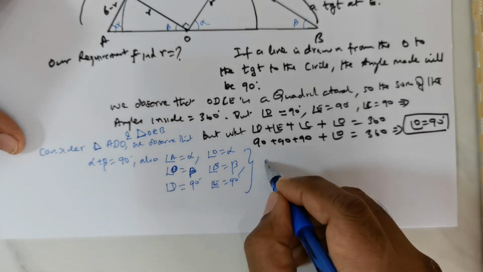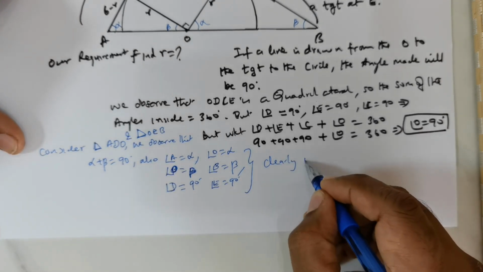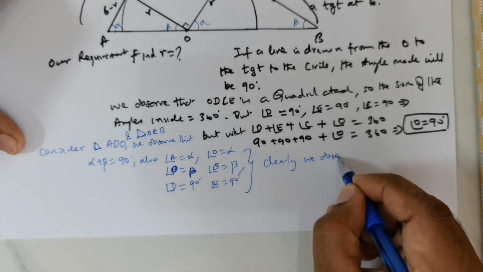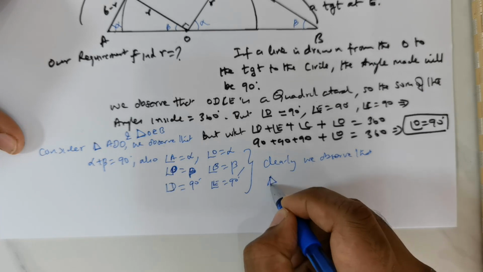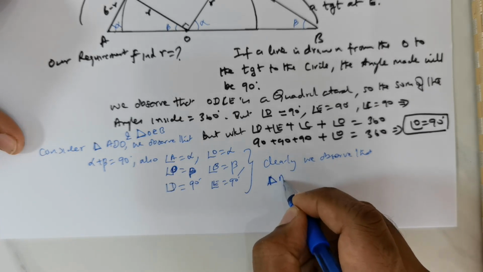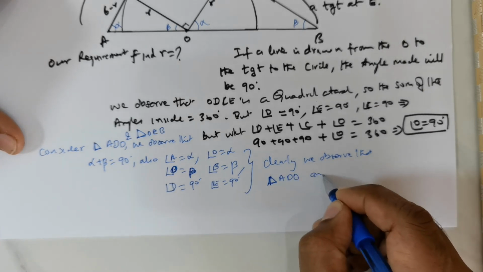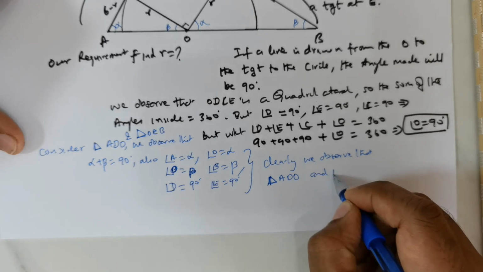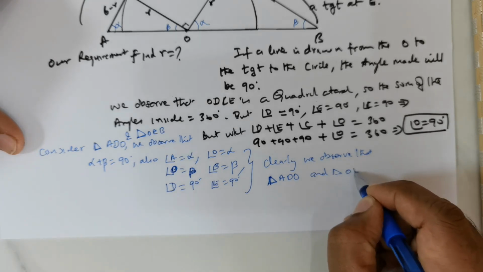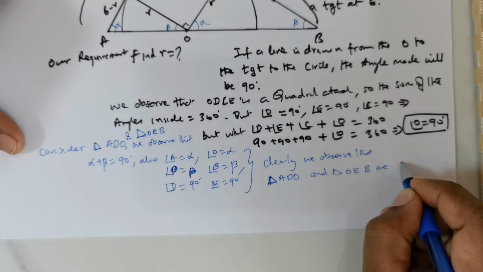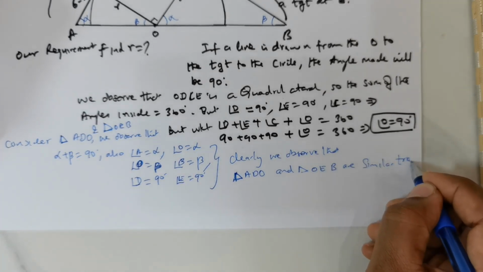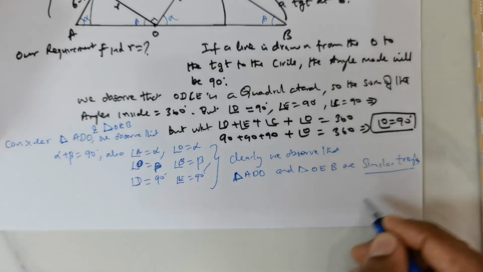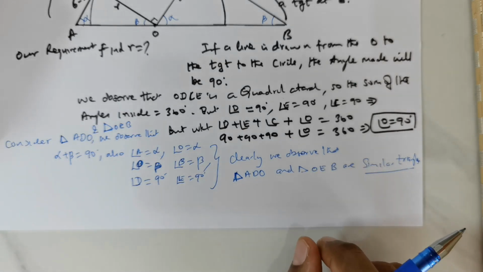So clearly, we observe that triangle ADO and triangle OEB are similar triangles. Right, now this is the all important concept that we know we have to use.